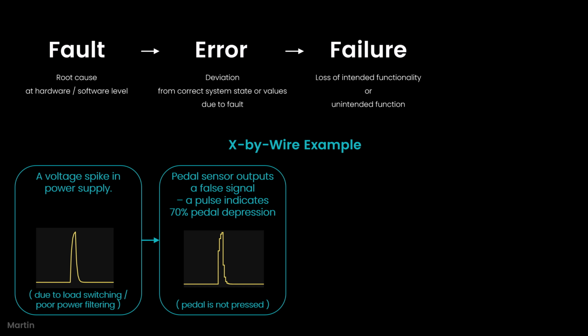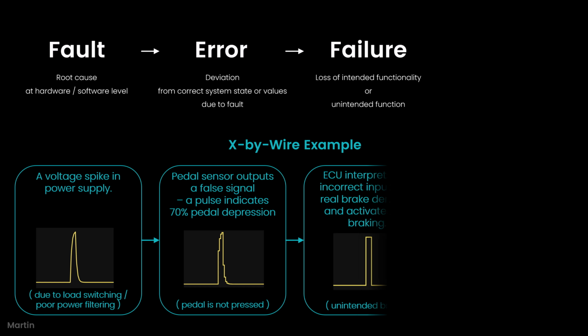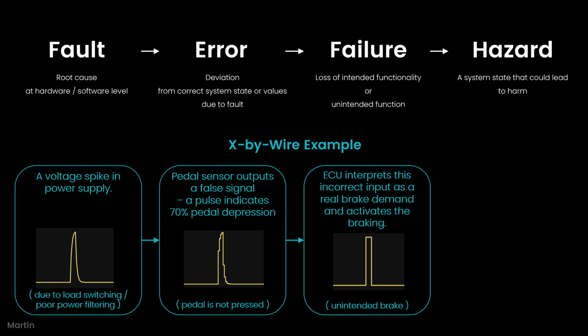When an error propagates and causes the system to violate its intended functionality, it results in a failure. Here, the brake-by-wire ECU misinterprets the faulty sensor signal as a real brake demand and activates the braking system. A hazard arises when such a failure has the potential to lead to a hazardous event, which could endanger human life or property.